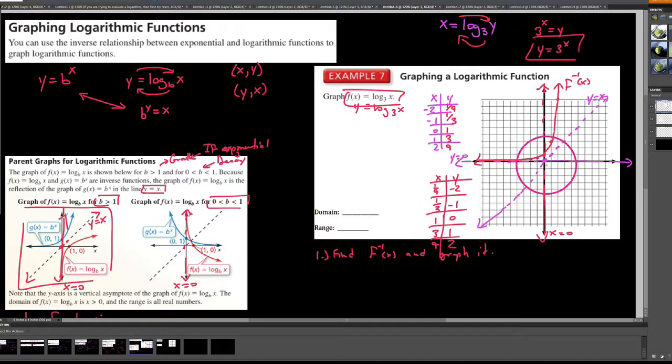So to graph these in, starting with the most important one, which is, in my opinion, (1, 0) here. We say (1, 0) is on all of our logarithmic functions. Then we would say, how about (3, 1), okay, (9, 2). But we also had (1/3, -1), okay? And we also had 1/9, which is really close to the y-axis here, -2.